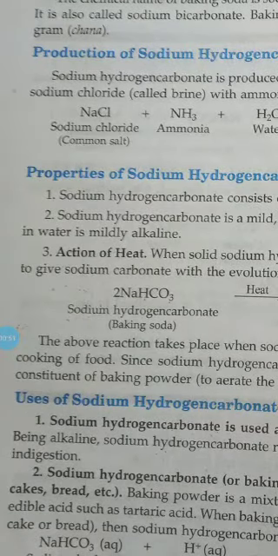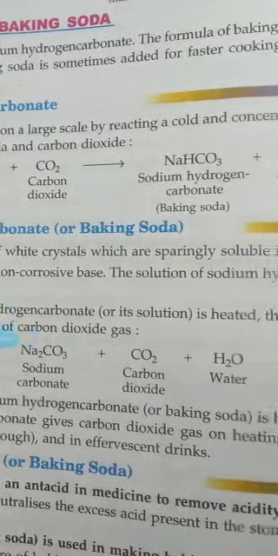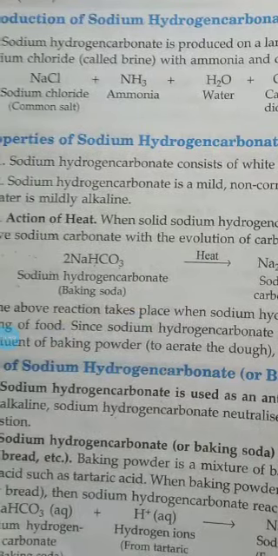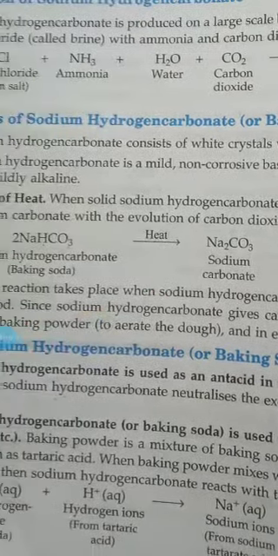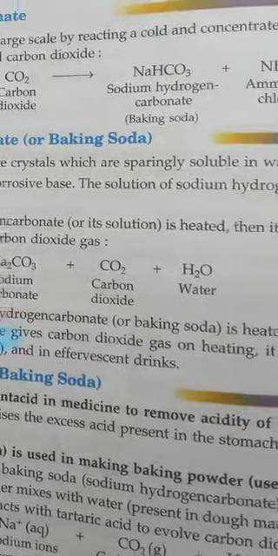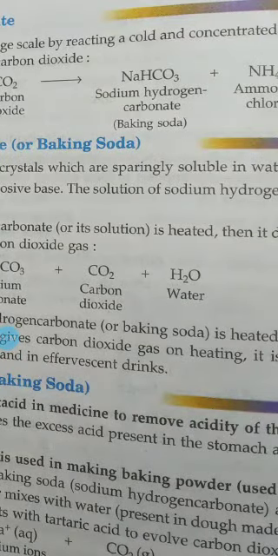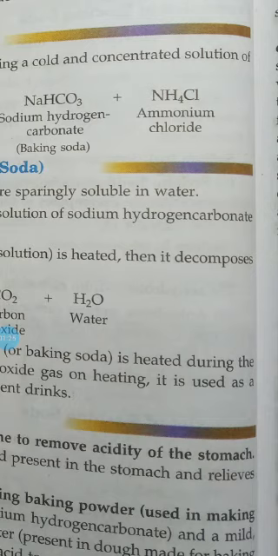Production of sodium hydrogen carbonate. When a brine solution of sodium chloride, the concentrated solution of sodium chloride that is called brine, reacts with ammonia and carbon dioxide, sodium hydrogen carbonate, that is baking soda, and ammonium chloride are formed.